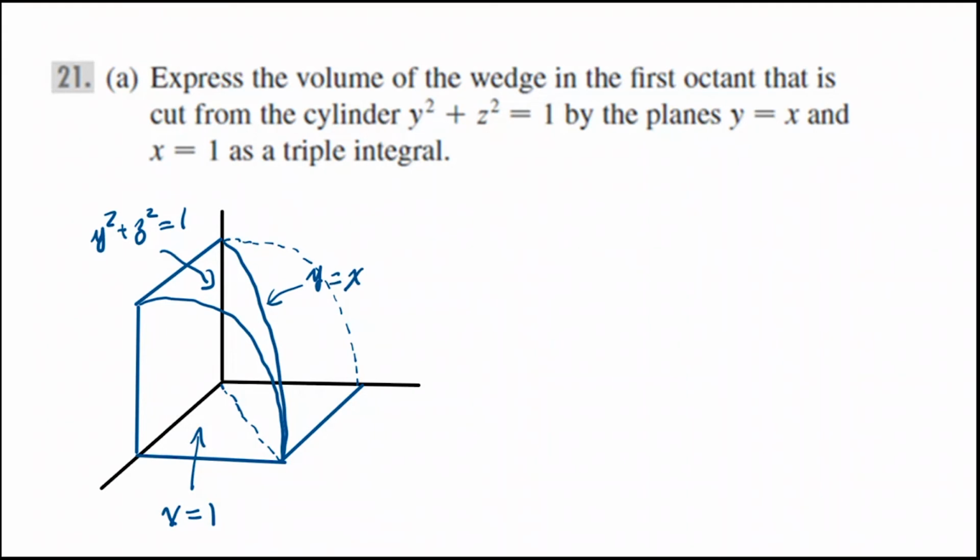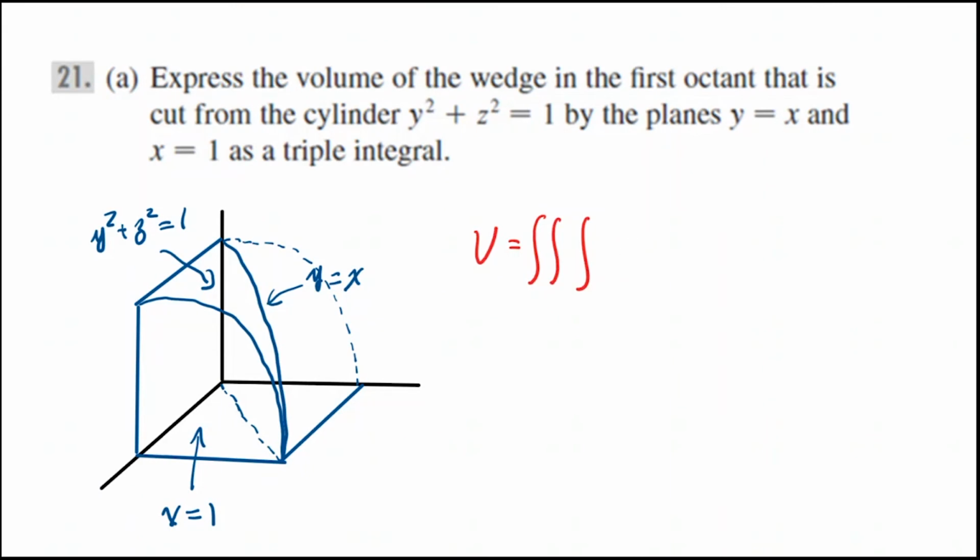Now, this is just the volume, so let's just write it as a triple integral. V is equal to the triple integral of dV. But which one do we want to do first is the question, right?